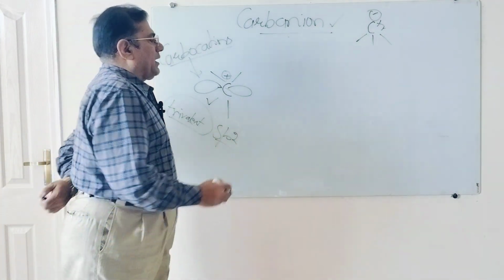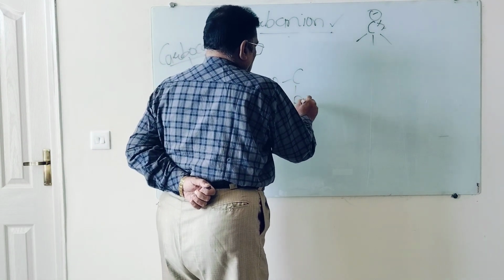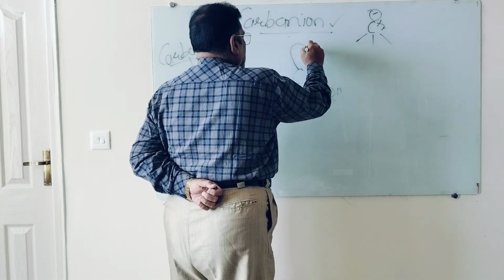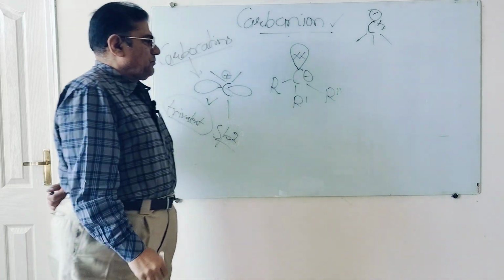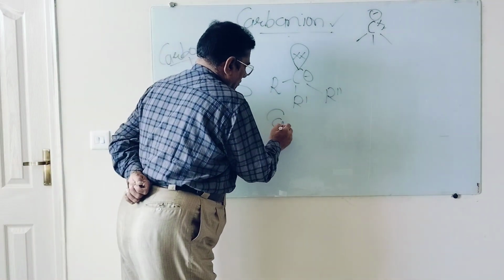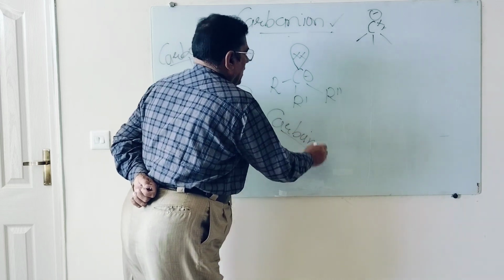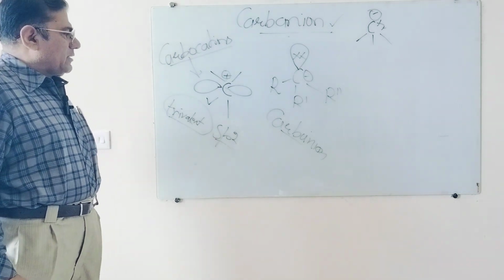Now I come to carbanion. How can I write carbanion? R', R'', R''' on carbon, this is the lone pair, and this is negative. This is certainly the structure of carbanion. What I am looking at, there are four hybrid orbitals.